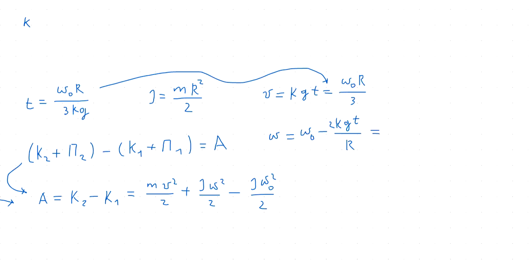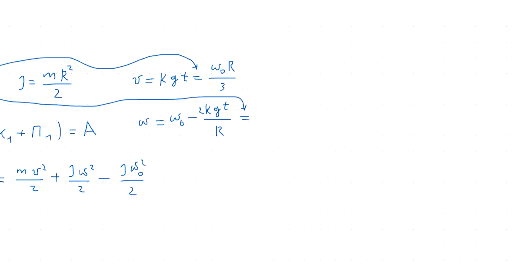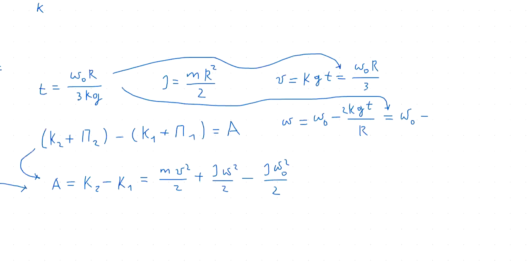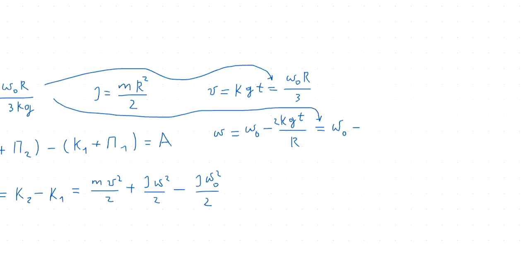We will have omega 0 minus, after simplifying, 2 omega 0 divided by 3. And this will be omega 0 divided by 3.